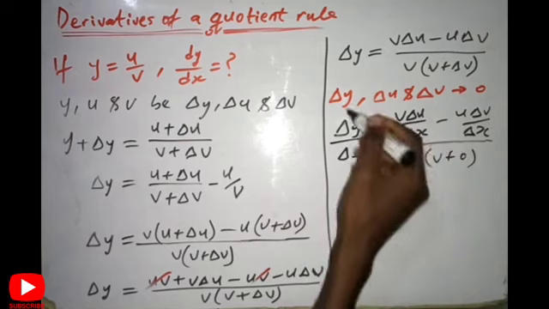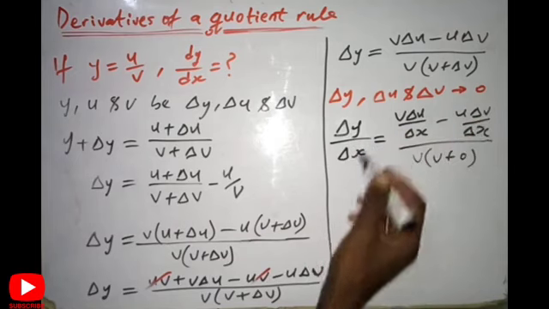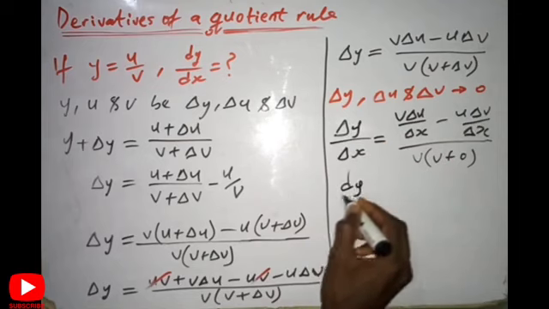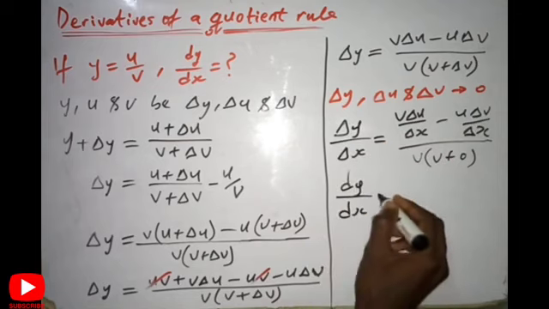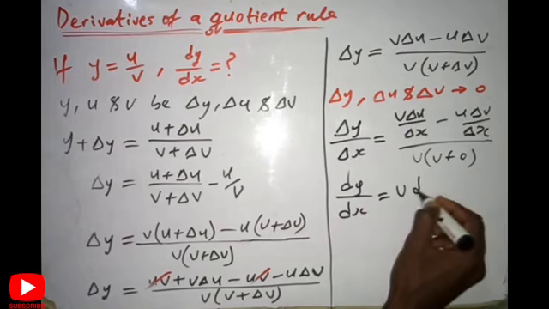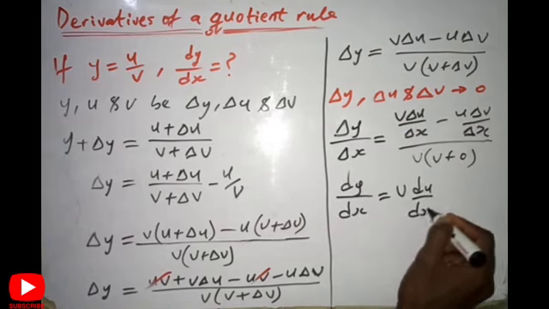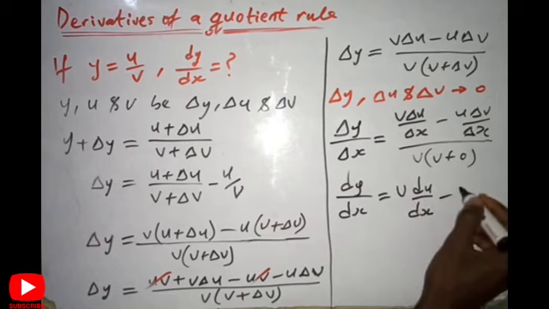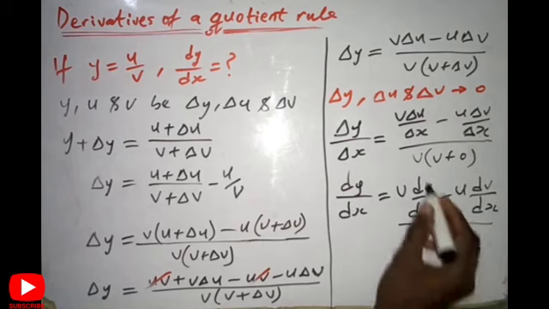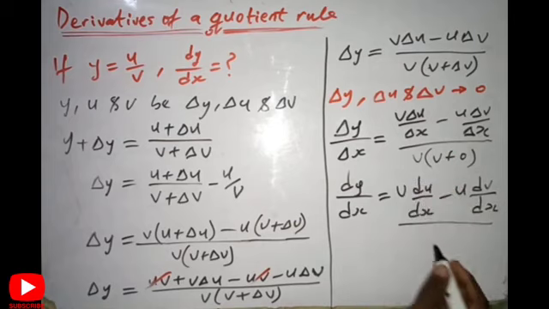So delta y over delta x in the limit goes to dy/dx, and it equals v du/dx minus u dv/dx over, this will be v times v, so we have v squared.